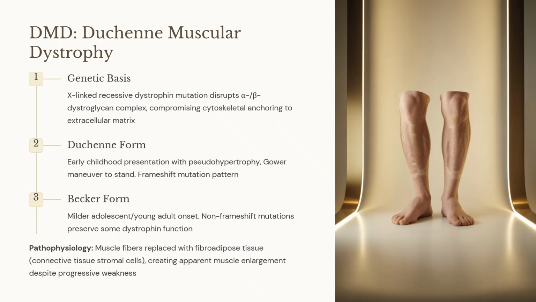With this, we have come to the last slide, that is Duchenne's muscular dystrophy. Muscles weaken, hearts struggle. Duchenne muscular dystrophy proves how a single structural protein holds our strength together. What? Duchenne and Becker both are X-linked recessive. So the problem over here is dystrophin mutation, which will disrupt the alpha-beta dystroglycan complex, therefore compromising the cytoskeletal anchoring.